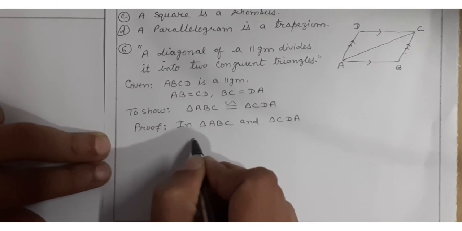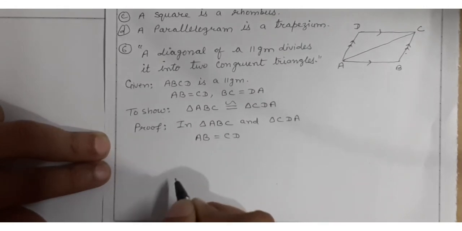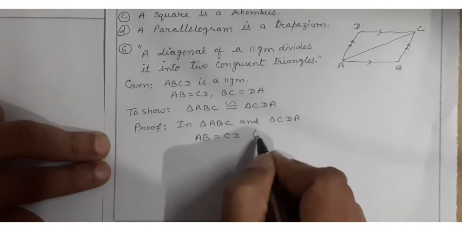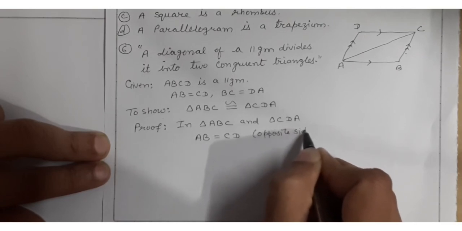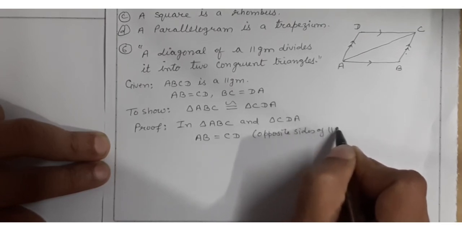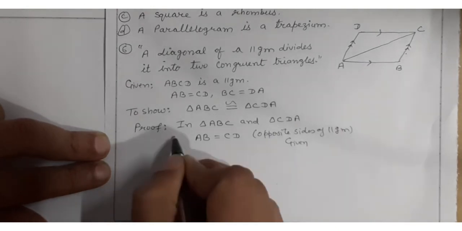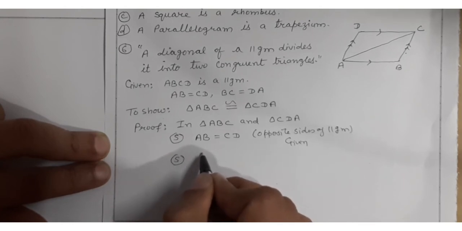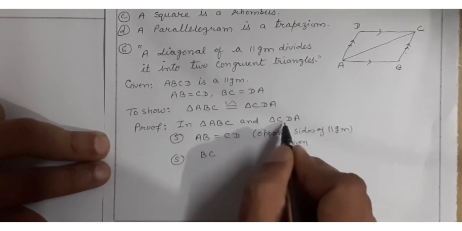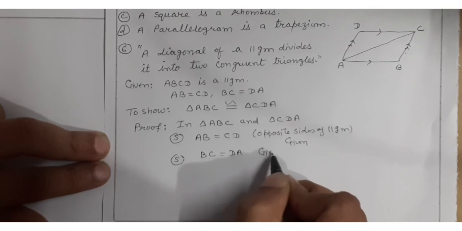See here what we know. AB is equal to CD because they are opposite sides of a parallelogram, and it is given to you. This is your side. One more side I am taking, BC. Here is DA. BC is equal to DA. This is again given.